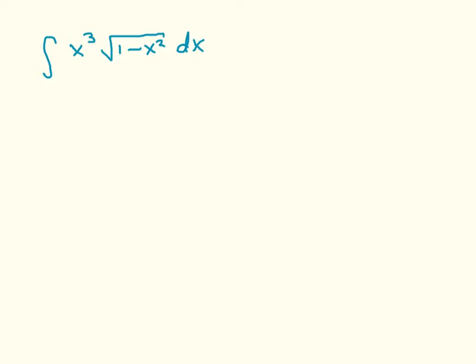here, we can also write this as the integral of x times x squared times the square root of 1 minus x squared, all integrated with respect to x.